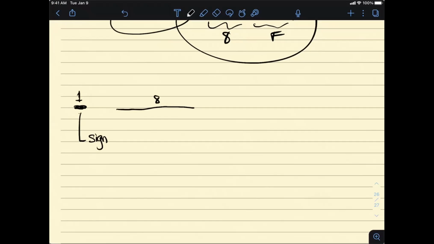Then you have 8 bits of exponent. And then you have 23 bits, so 23 and 1 is 24, plus 8 is 32. And this is the fraction.